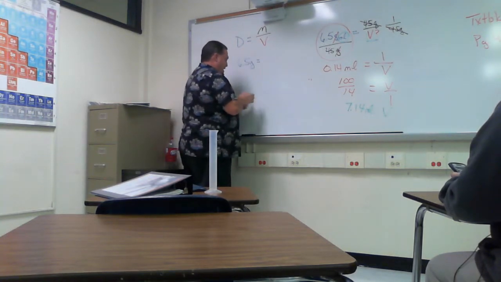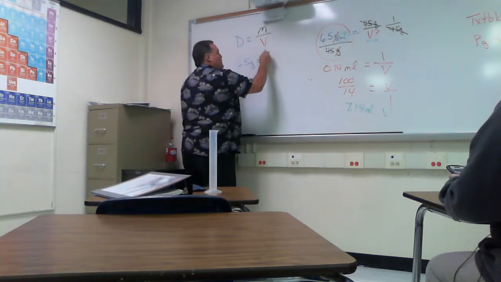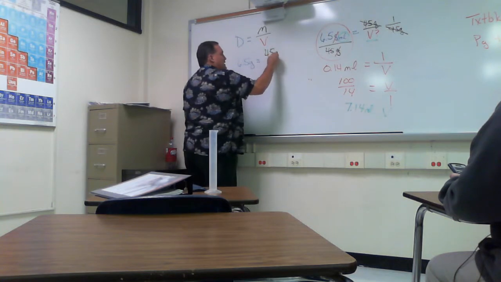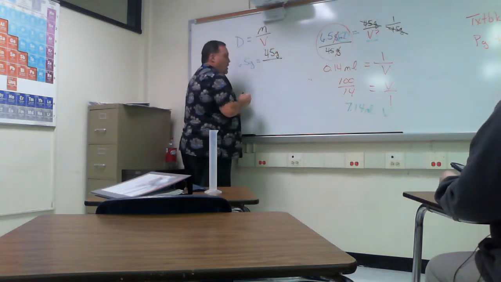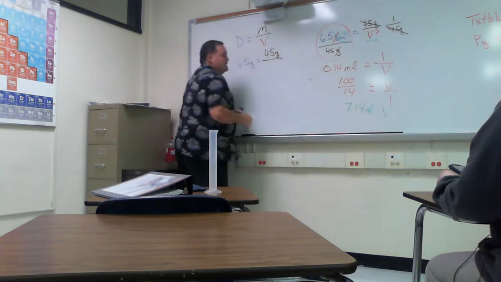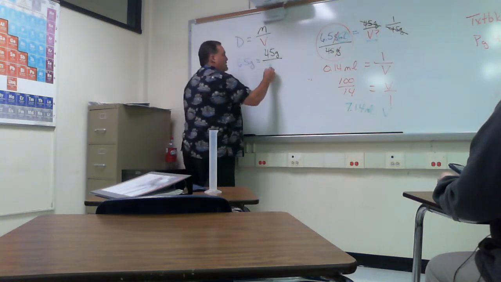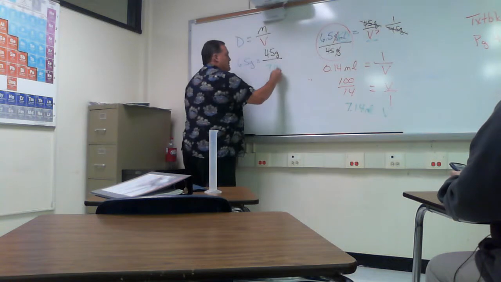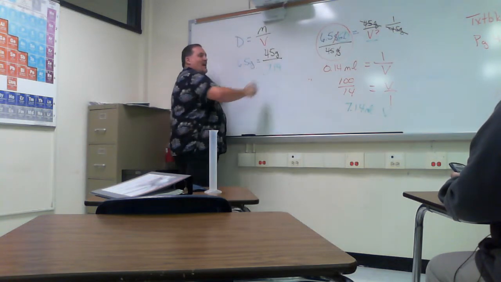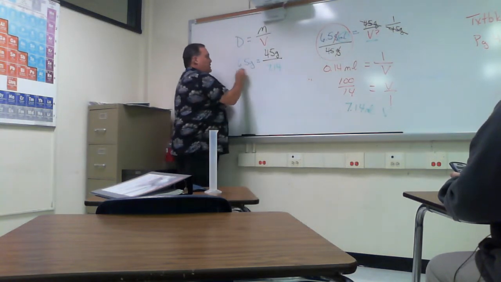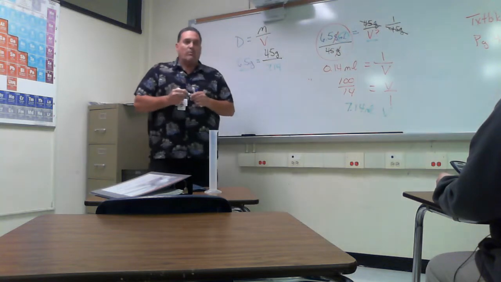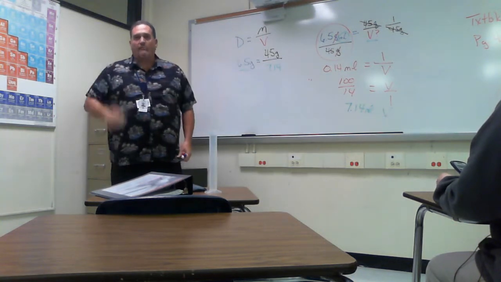And we know the mass was 45 grams. Okay? What was the volume? 7.14? Okay, take 45 and divide by 7.14 and see if we come close to this. Remember, we rounded up a little bit, so it's going to be a little off.